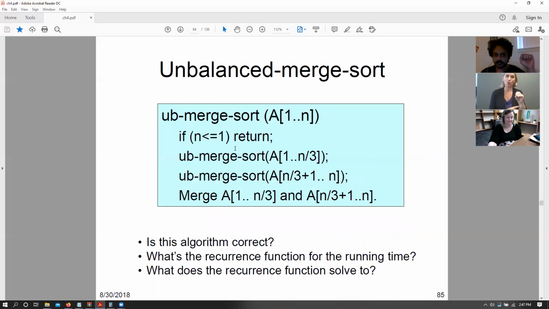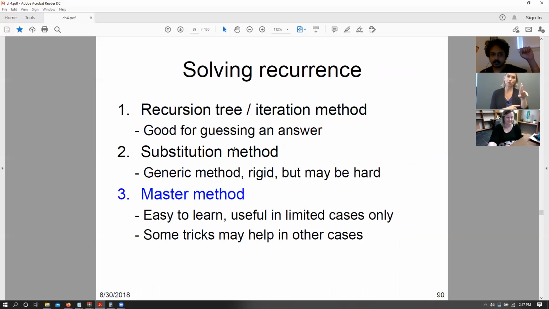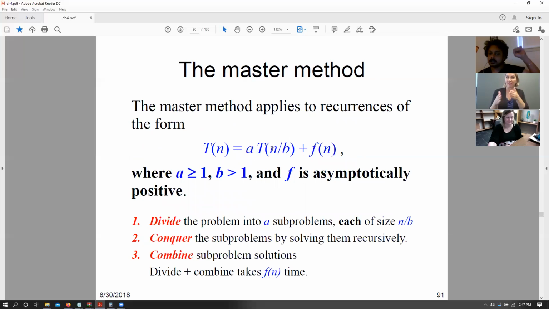The master method, on the other hand, only works for cases where we have a division into components that are dependent upon n. So n/2, n/3 or whatever. You can even increase the size of your n, so 4n/3 maybe, right?